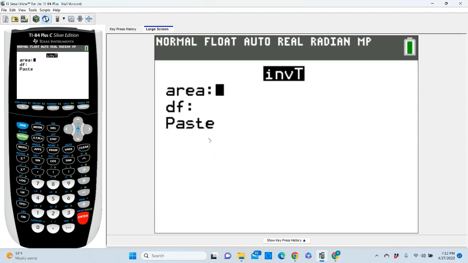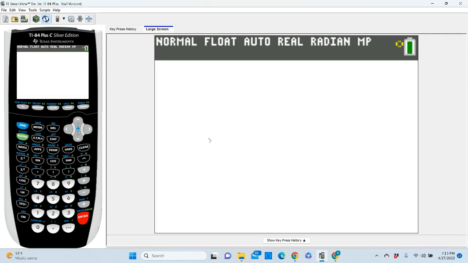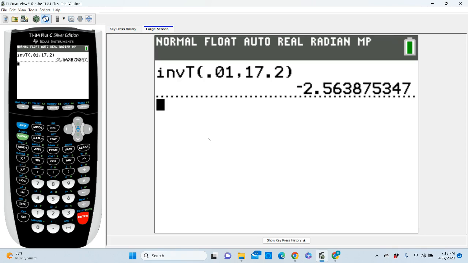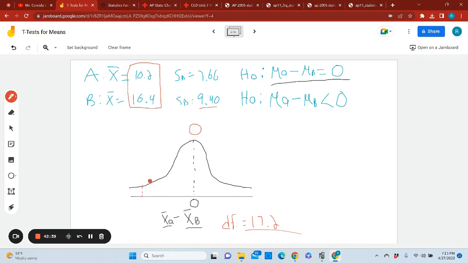All right, and I want the critical value for 1% area to the left with degrees of freedom 17.2. And when I hit paste and enter, calculating. All right, turns out I would need to be negative 2.56 standard errors below average to register in the lowest 1% of these samples. Negative 2.56.